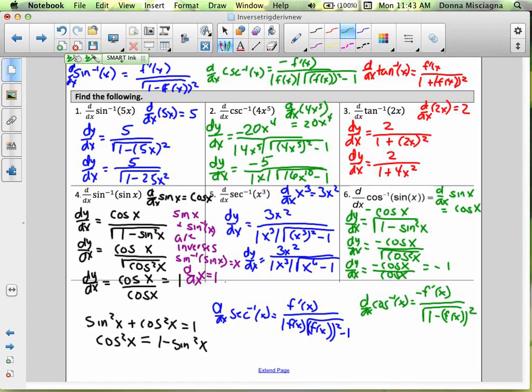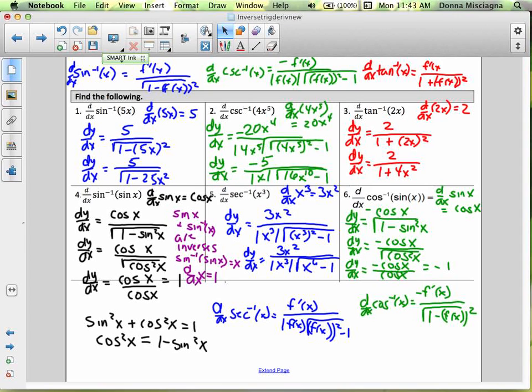So that would be the simplified answer. So our final answer, dy dx equals negative 5 over the absolute value of x times the square root of 16x to the 10th minus 1.